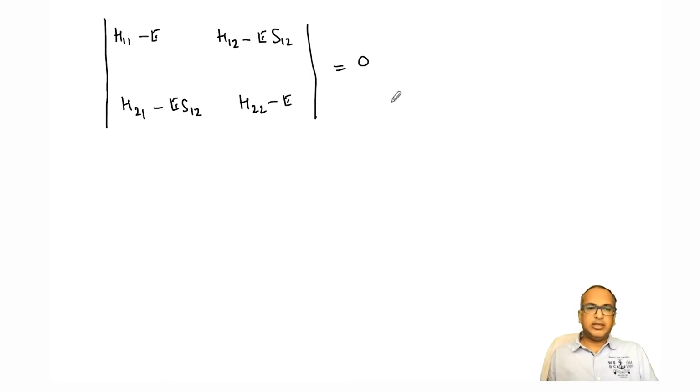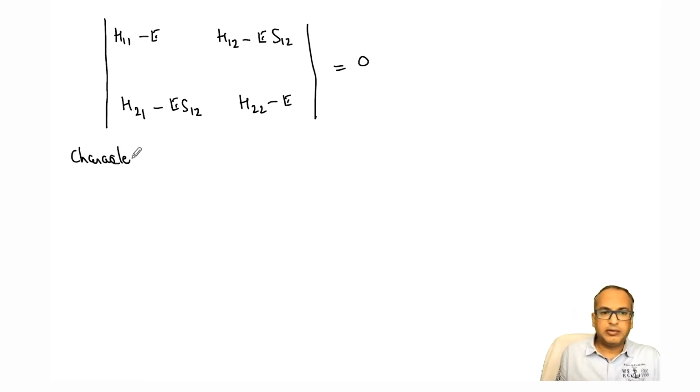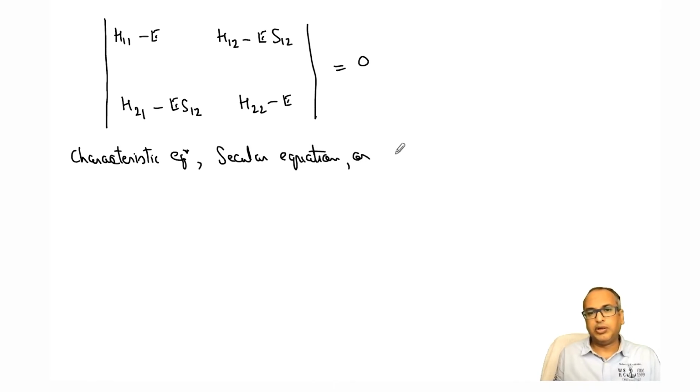Now this is called the characteristic equation, or secular equation, or secular determinant.